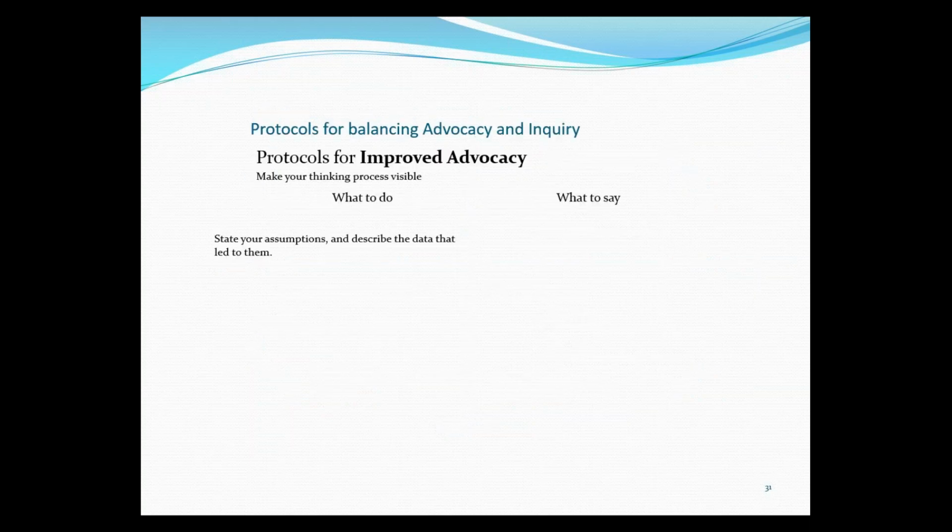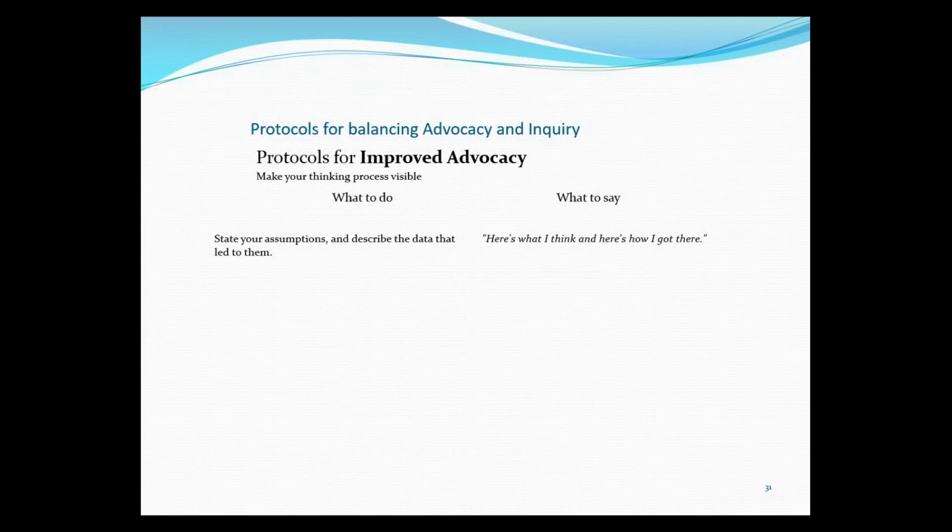And now I'm going to give you some slides, because people are often asking, well, what would you say in that circumstance? How would you phrase it? So you want to state your assumptions. Here's what I think, and here's how I got there. Because that's the other part about this, making sure that everybody has all the data. And sometimes, as an introverted thinker, that's hard for me.